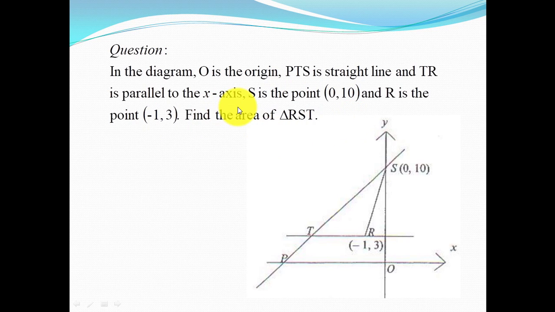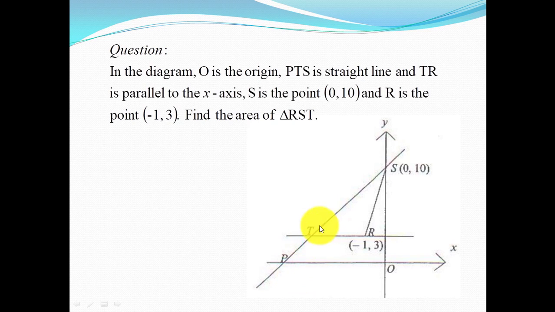Now read the rest of the statement of the question: S is a point here and R is a point here. Find the area of triangle RST. Actually we have to find the area of triangle RST. That's why we have to find the coordinates of T.